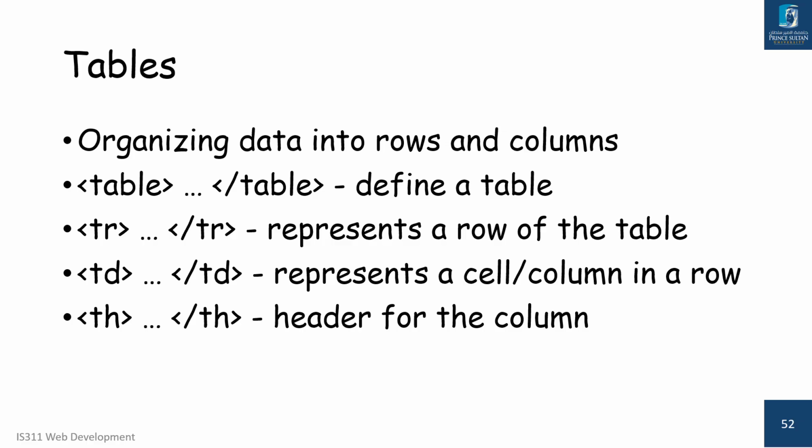So again, when we want to define a table, we have a table tag. And if you look at a table, normally we have a heading. The first row represents the heading, and then we have the actual data inside the table. For the heading, we have another tag we call T head, which is not given here.